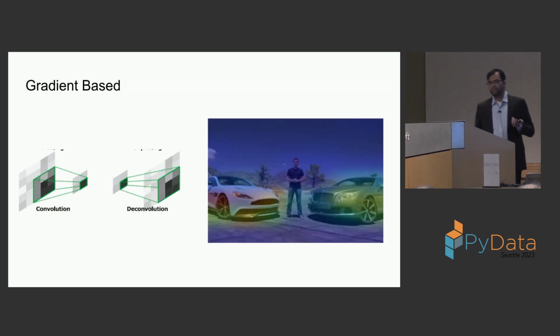The next is the gradient-based learning. Here, the model is clearly trained on a car, and then using a heat map, you'll know which part of the car the model is actually focusing on, right? So in this, there are certain other techniques, but this is a slightly laborious process.